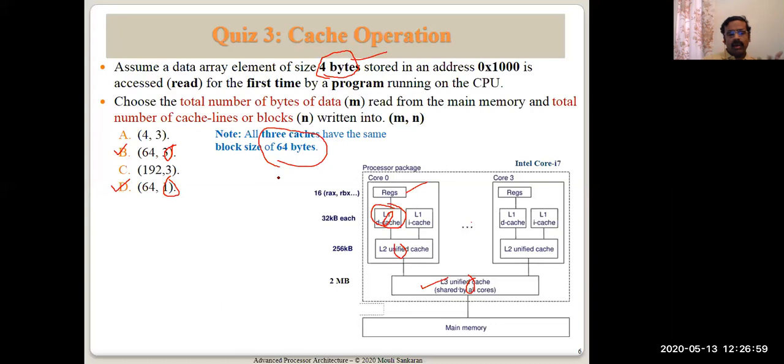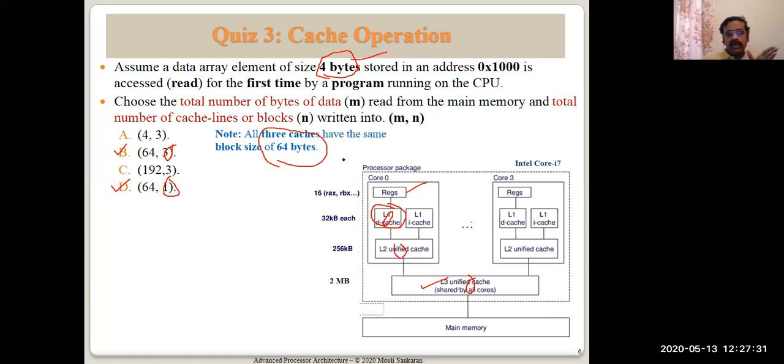Will you take only one item on the plate and come and sit at the table, or do you bring multiple things on the plate and then come and sit and eat? Because you have to walk that far, you will normally tend to carry more food. However much you can fill in your plate, you bring it, so that you don't have to walk again to the table. That's the same purpose here. Even though the CPU wants 4 bytes, it has to go too far to the main memory to get it. So it will always get the block size of cache. So 64 bytes it will take.